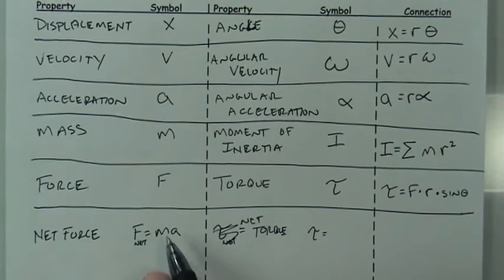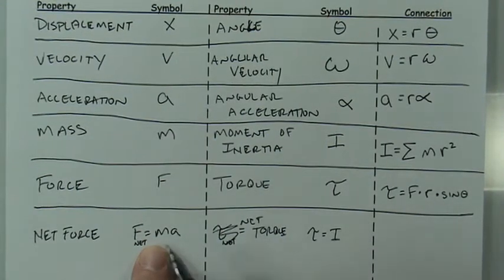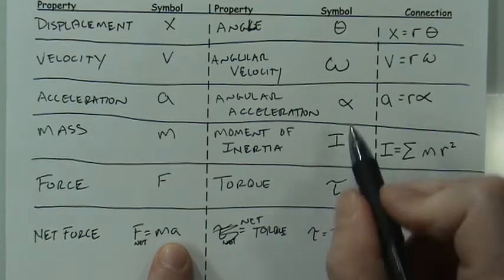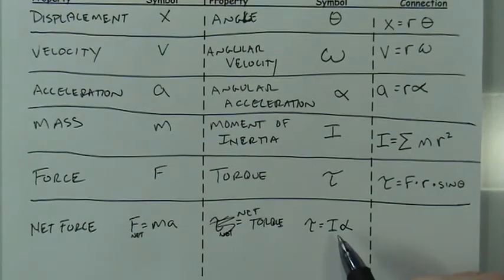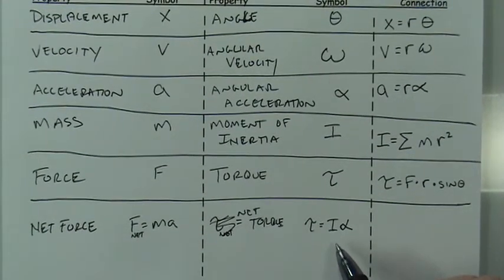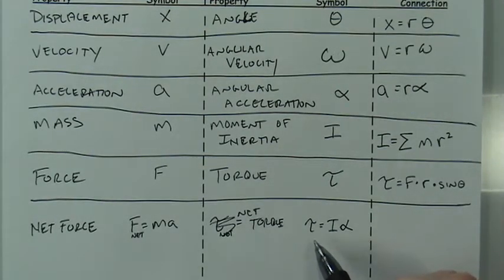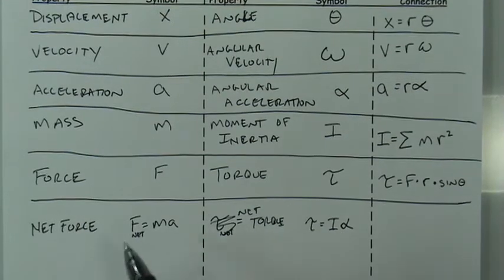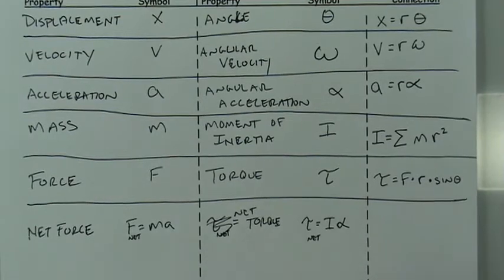The property that would be the equivalent of mass in a rotational sense would be I, and for acceleration that would be alpha. So the formula for torque in a purely rotational sense, not trying to connect it to the force acting on the object, is that the net torque is equal to the moment of inertia times the angular acceleration, the same way that the net force is equal to the mass times the acceleration.